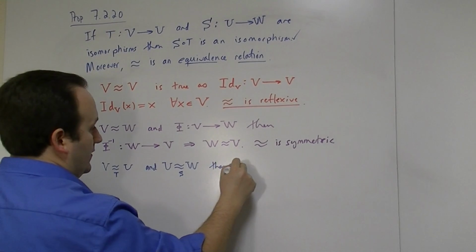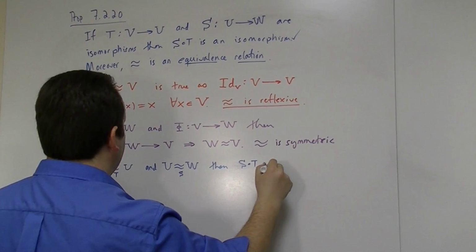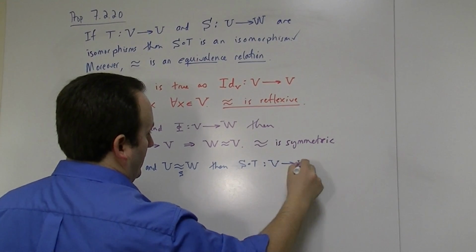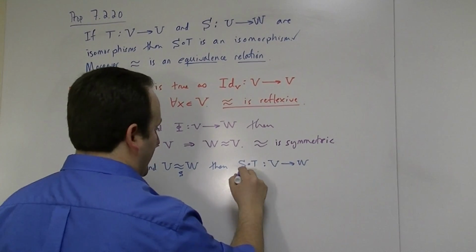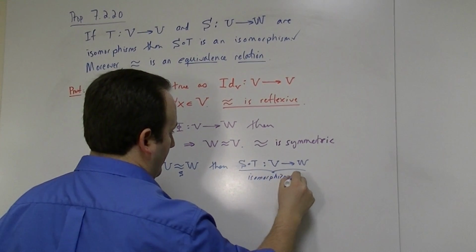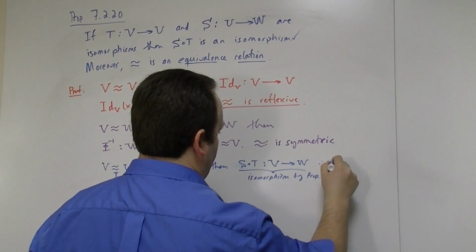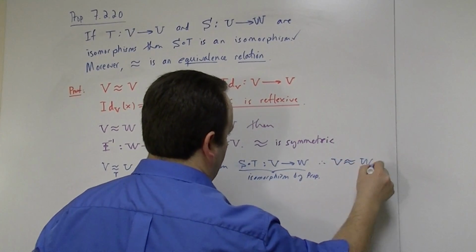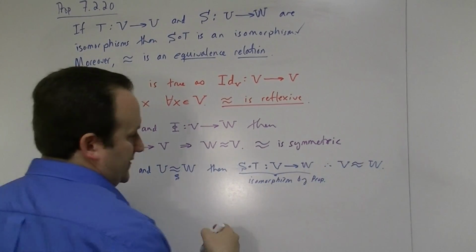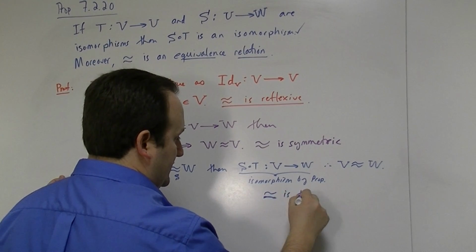Then S composed with T is an isomorphism from V to W by the first part of the proposition above, and therefore V is isomorphic to W. So that shows that if V is isomorphic to U and U is isomorphic to W, that implies V is isomorphic to W, which goes to show you that isomorphism is transitive.